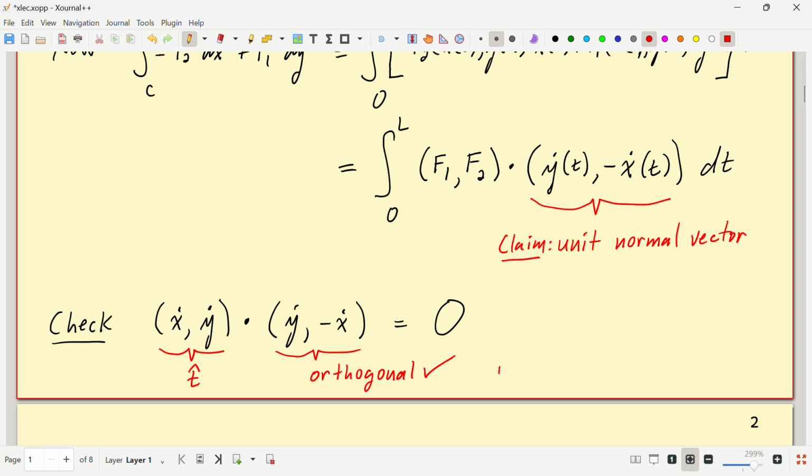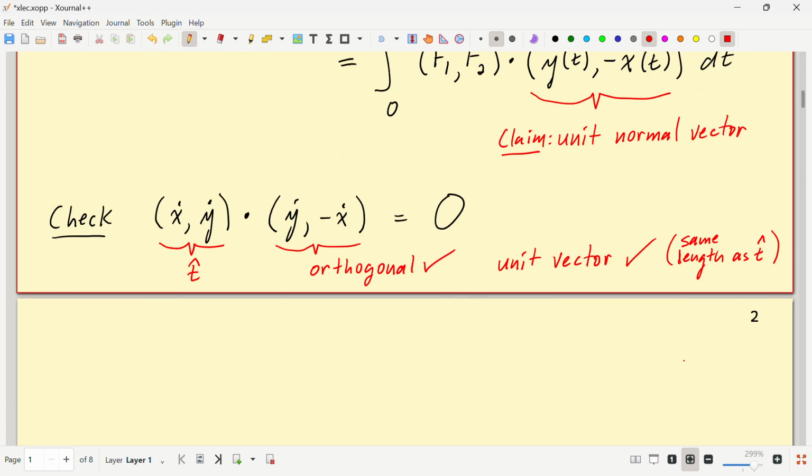It's a unit vector, check, because it has the same length as T. Okay, so the question is, does it point in or out? And that's the next thing I've got to show you.